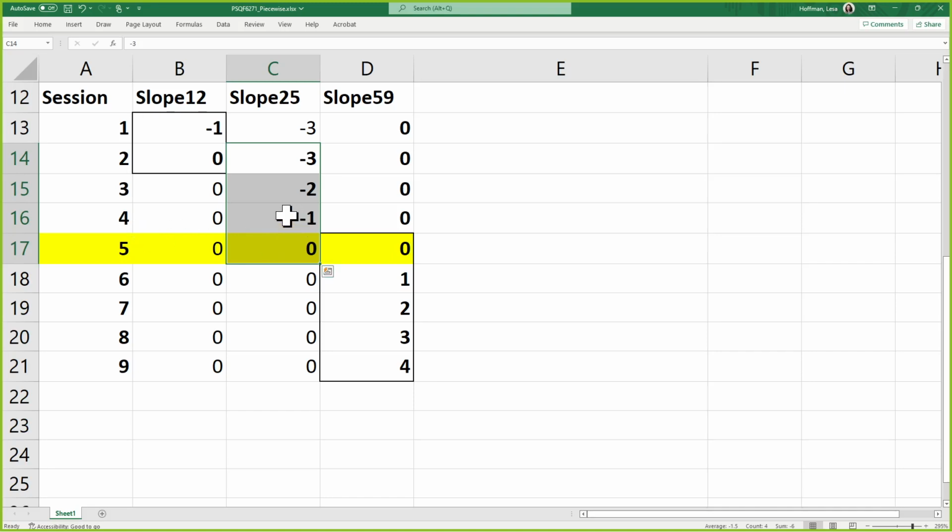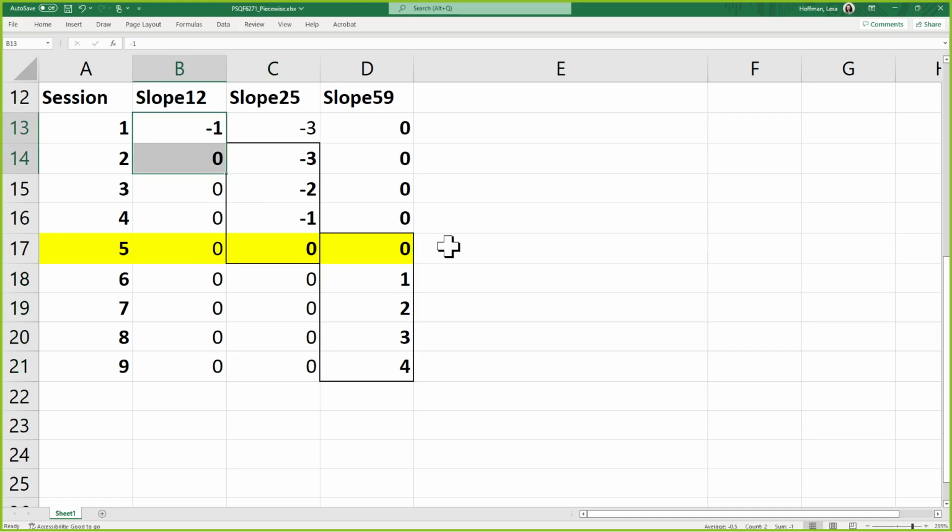So occasion 4 is 1 fewer, occasion 3 is 2 fewer, and so on. And it stays at 0 because that's where it shut off after session 5. And then the last one where I got stuck is that it needs to be relative to session 2. So session 1 is 1 fewer than session 2, which is why it's -1, 0.